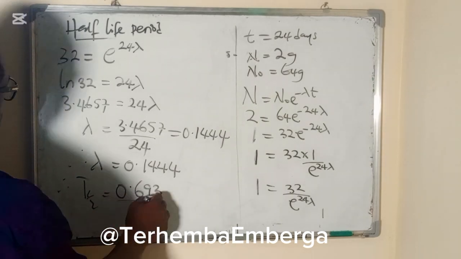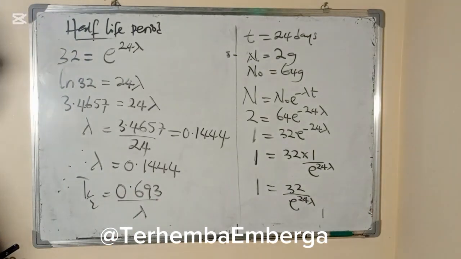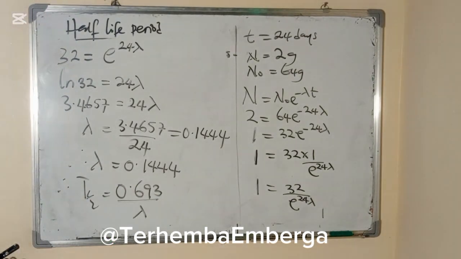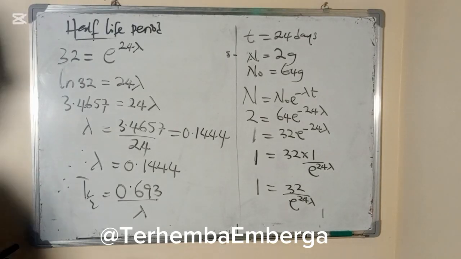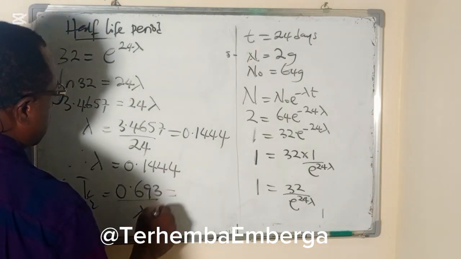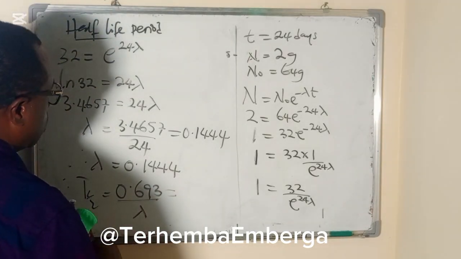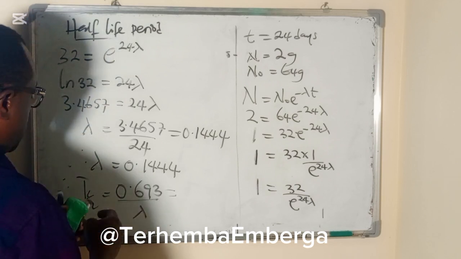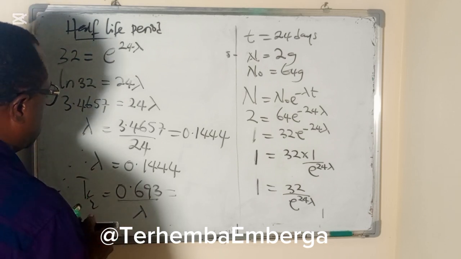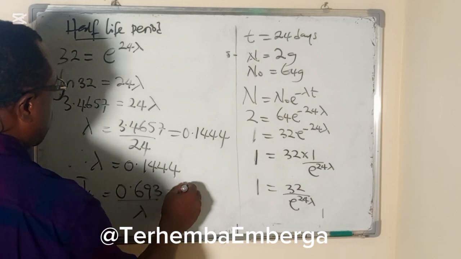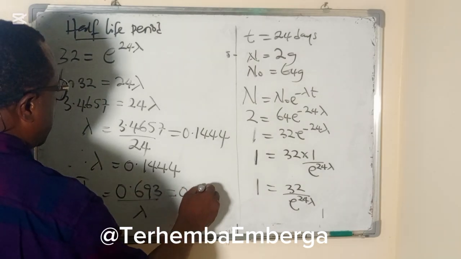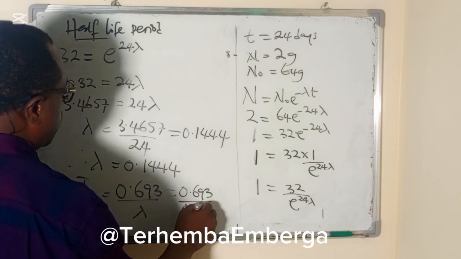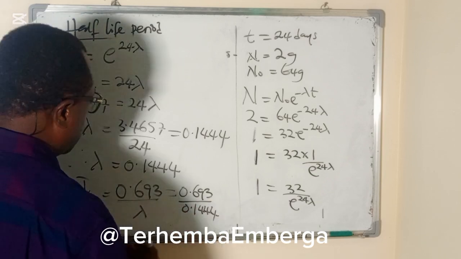Therefore, our half-life becomes 0.693 all over lambda. So by the time you do that, you substitute the value we just got here. This becomes 0.693 all over 0.1444.